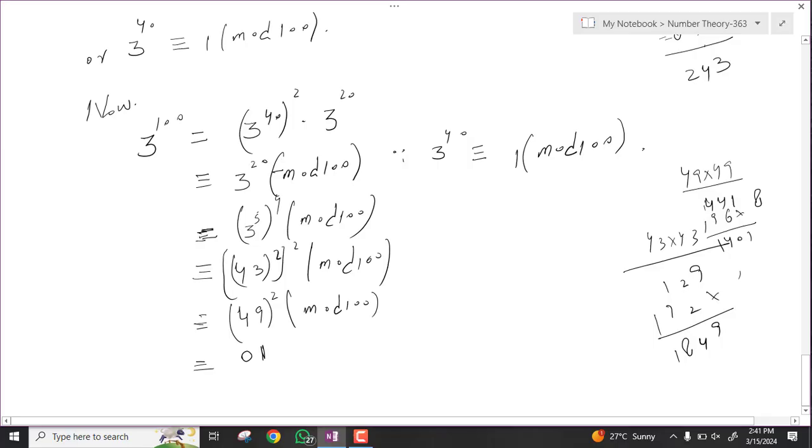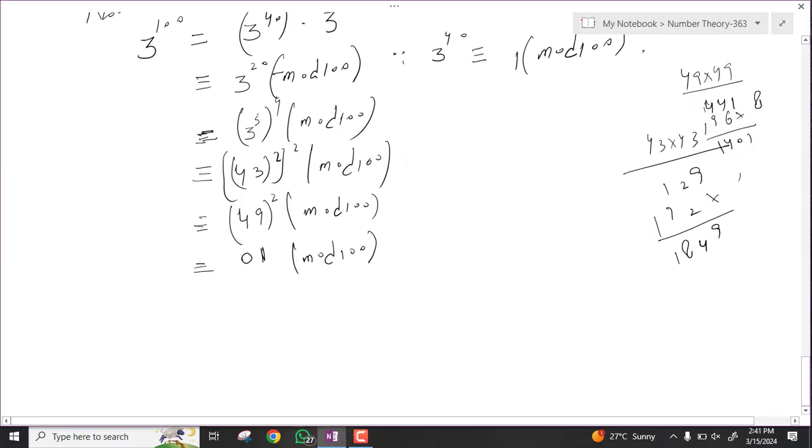Under modulo 100, 2401 is equal to 01. Therefore, the last two digits in 3 power 100 are 0, 1.